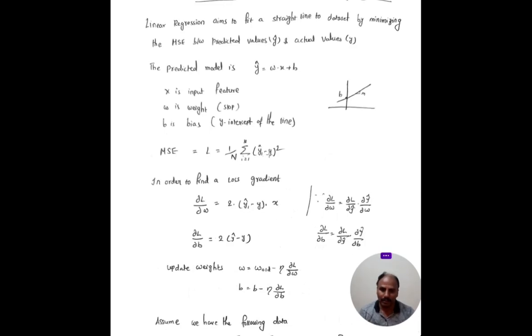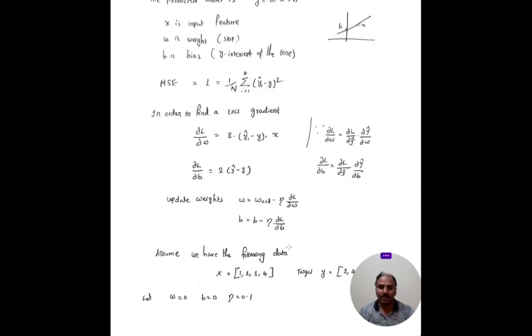Therefore, we modify it like this: dou L by dou W equals dou L by dou y cap times dou y cap by dou W. If I cancel dou y cap, then the right hand side equals the left hand side. The same way, differentiating with dou L by dou B, the first term is common, dou L by dou y cap, and for the second term, dou y cap by dou B, differentiating with respect to B, you will get 1. So these are the loss gradient functions.